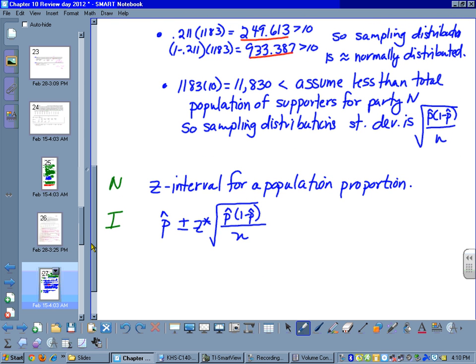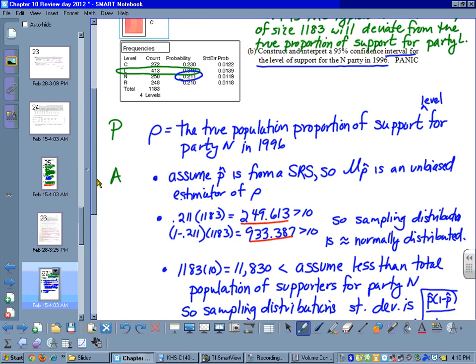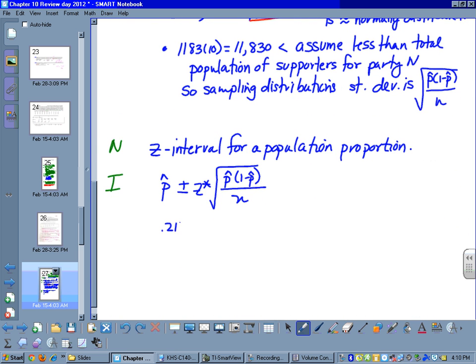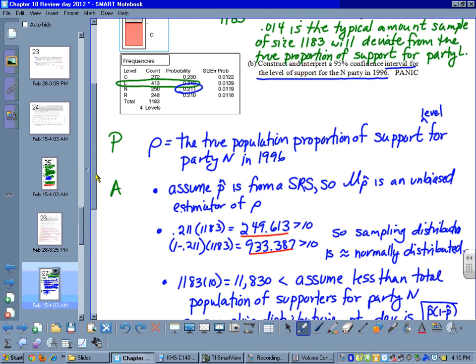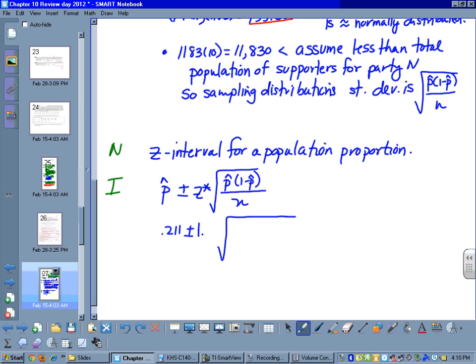I already know my p hat is 0.211, and I am doing a 95% confidence interval, so I know z star is 1.96. So we have 0.211 plus or minus 1.96 times the square root of 0.211 times 1 minus 0.211 divided by 1183.